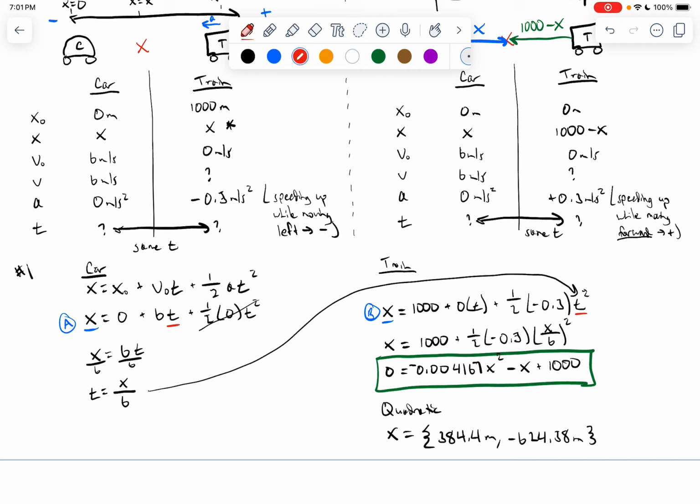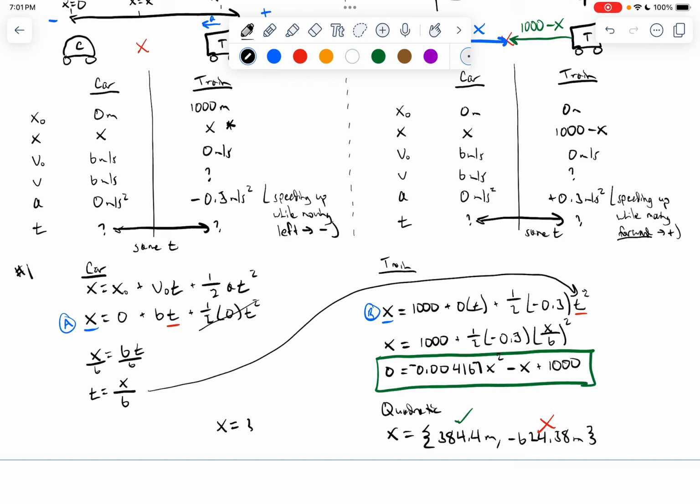So basically our negative value is not actually physically possible. This collision will not happen to the left of the car's starting point. So the only solution that makes sense is our 384.4, somewhere in between our car and our train starting positions.